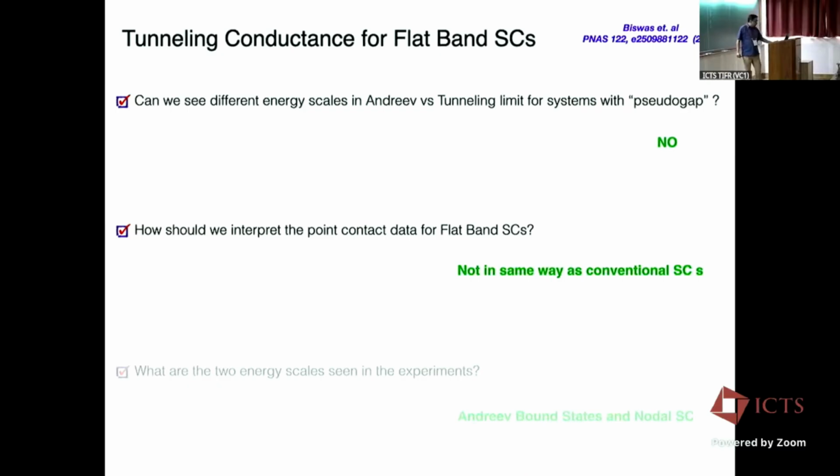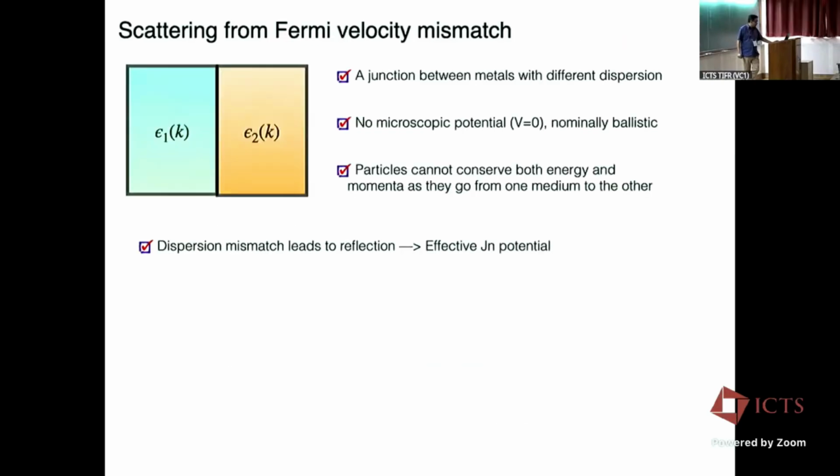Okay, so having said that we can't interpret this as a pseudogap and a superconducting gap, let's ask how can we think about at least the Andreev data? There is this idea that if you have two metals even with different dispersion and you create a junction, and you have no microscopic potential, it's a completely nominally ballistic junction somehow you have created.